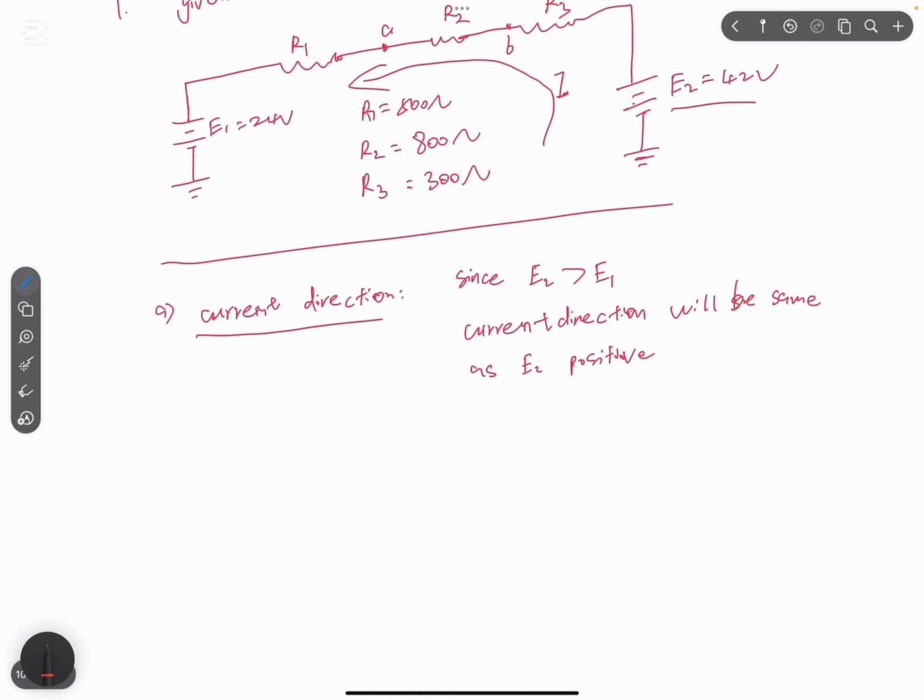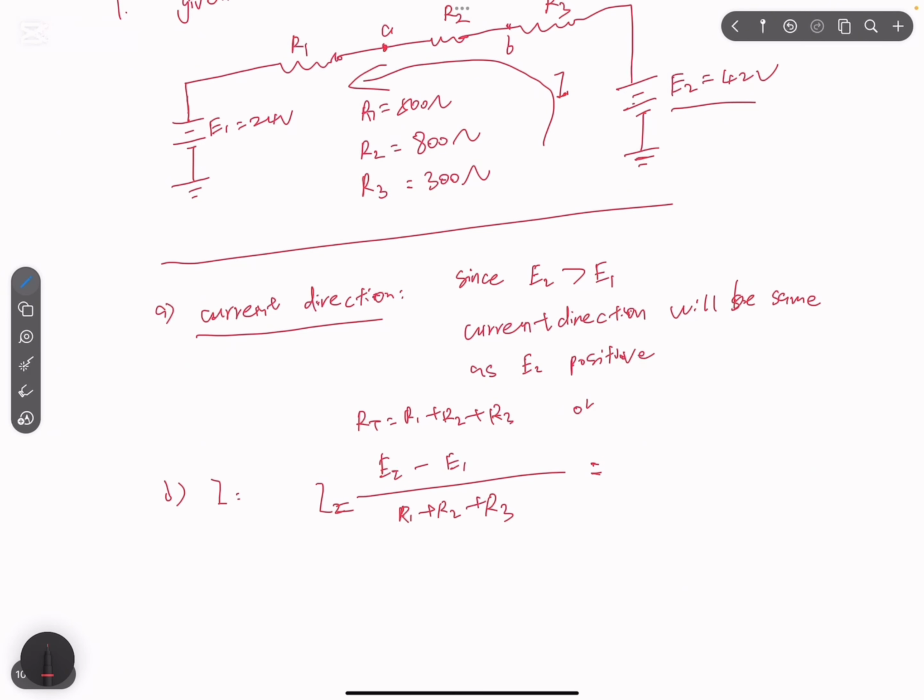Then we need to find out the current I. So I will equal E2 minus E1 divided by the total resistance, R1 plus R2 plus R3, since they are in series.